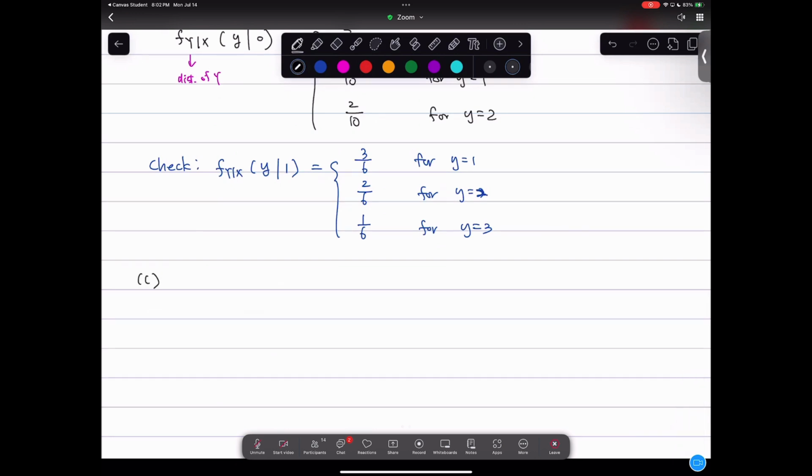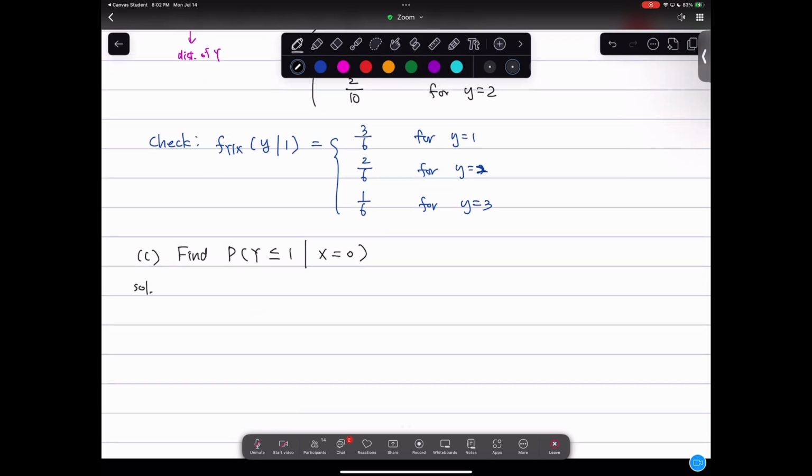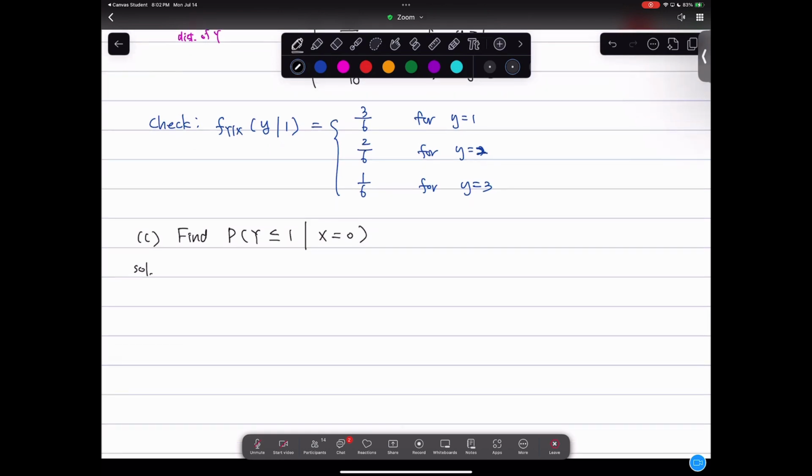Let's get the probability. Find the probability that your y value is less than or equal to 1 given x equals 0. All right, let's get this. There are 2 different ways of getting this. For questions like this, number 1, let's use the conditional PMF. So this is about y given x.